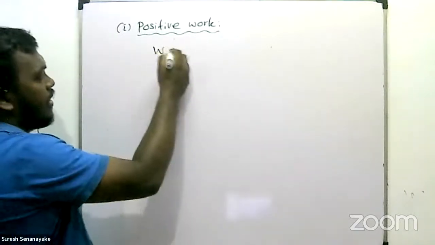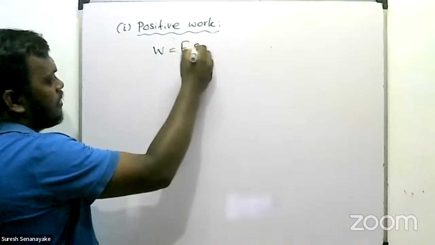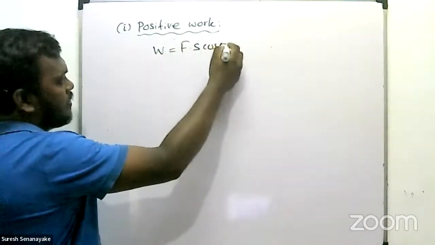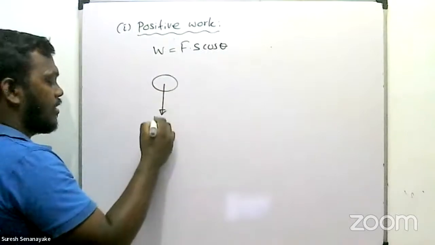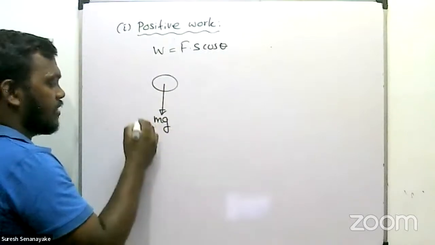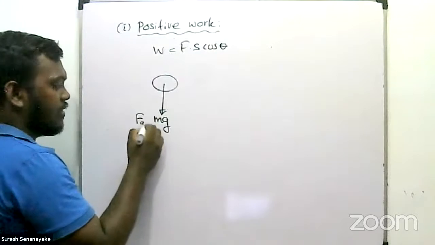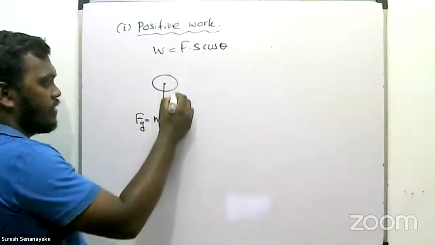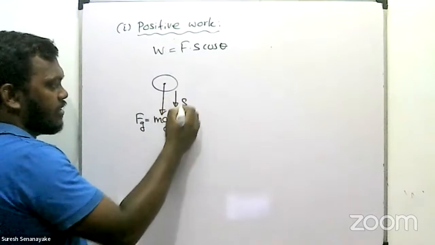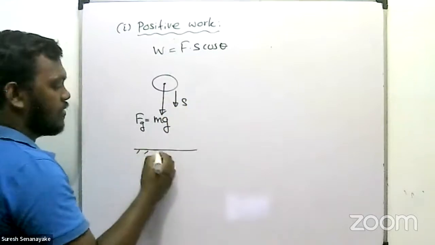Work done, we can write it with cos theta. Here the body is falling under gravity. The gravitational force is mg, downward. So its displacement is also in this direction, toward the ground.